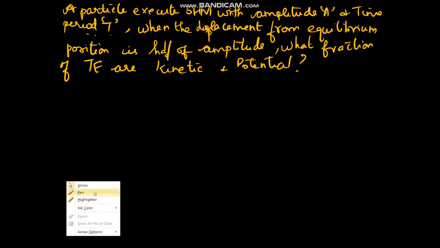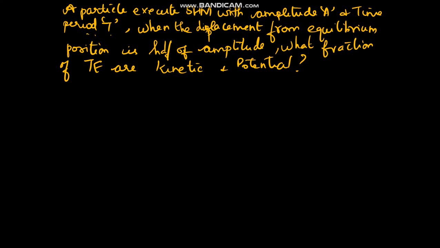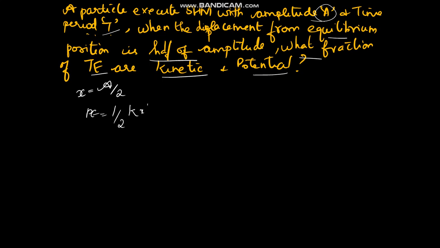Now let us work out the numerical. A particle executes SHM with amplitude A and time period T. When the displacement from the equilibrium is half of the amplitude, what fraction of total energy are kinetic and potential energies? So what is the potential energy formula? 1 by 2 k into x square.